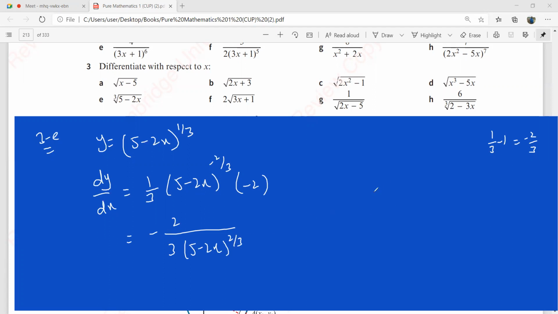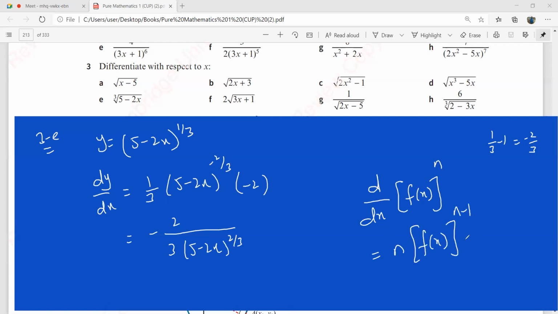So guys, today we are applying this technique, the d by dx of any expression. Let's say this is f of x, and there is a power n. So this would be n times this f of x to the power n minus 1 times the derivative of this f of x.